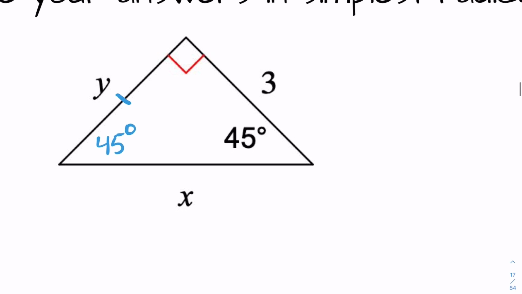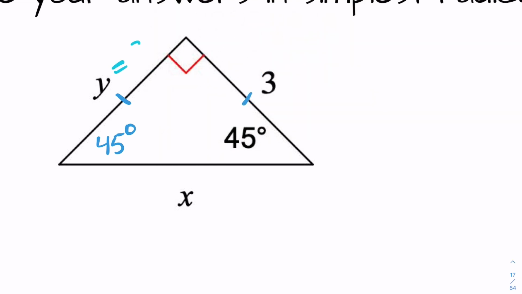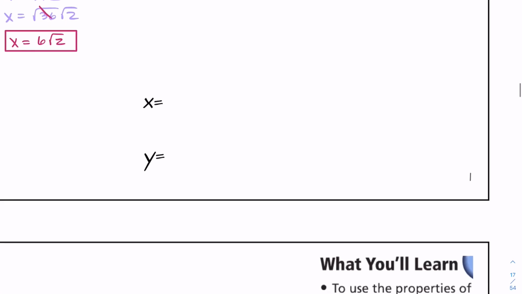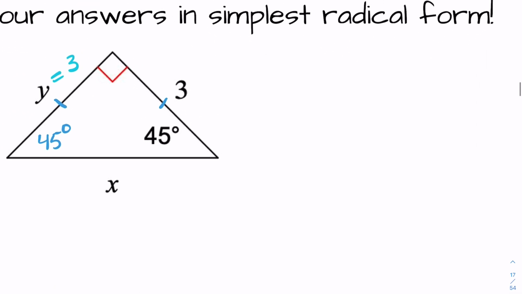45 degrees, making these congruent. So this is equal to 3. So y is equal to 3. Now we're going to solve for x. So leg squared plus leg squared. Maybe I should change the colors on this.